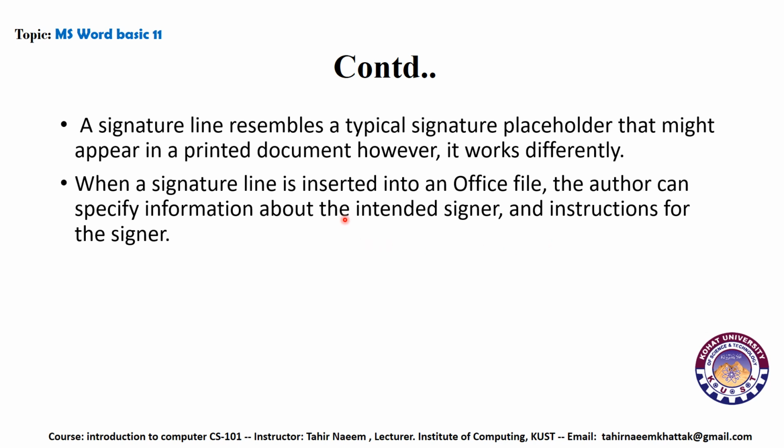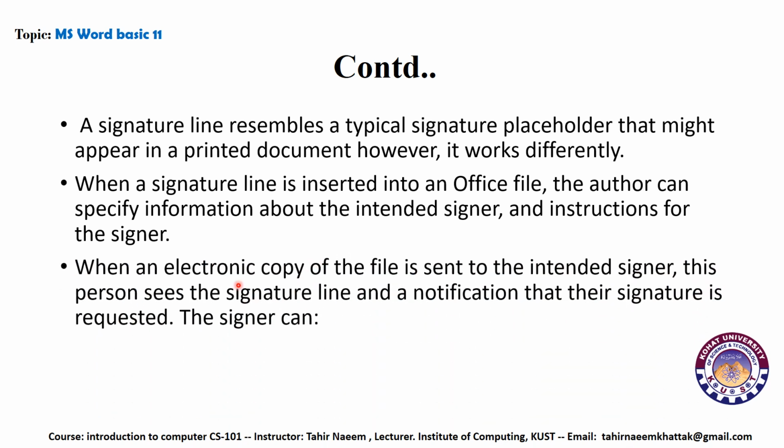So whenever we include a signature line, there is other extra information for the reader. When an electronic copy of the file is sent to the intended signer, this person sees the signature line and a notification that their signature is requested.